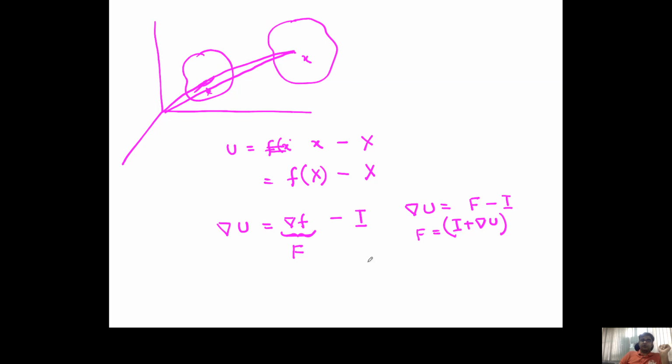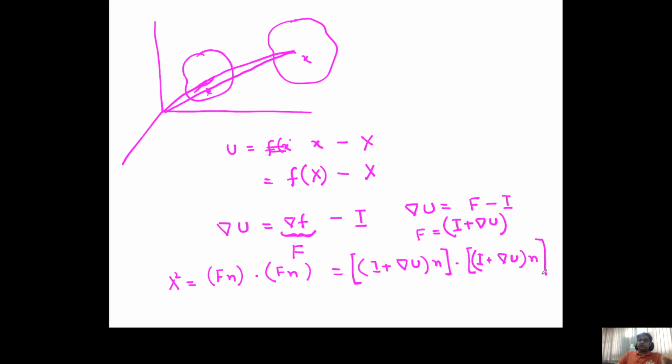So now let us see what we can do with this. What was the relation we have? Lambda square, we derived lambda square as Fn dot Fn. Now what is this F? F is basically I plus gradient of u.